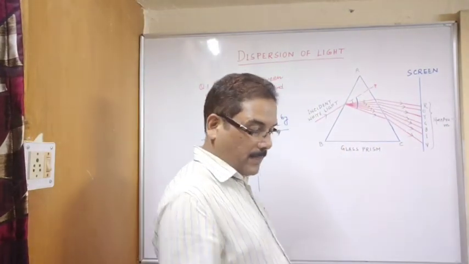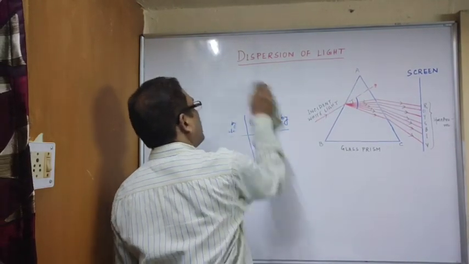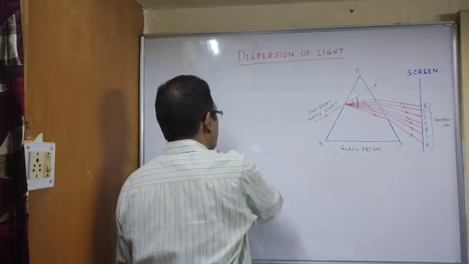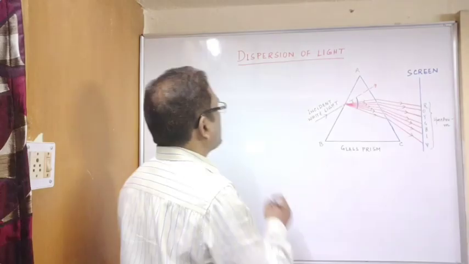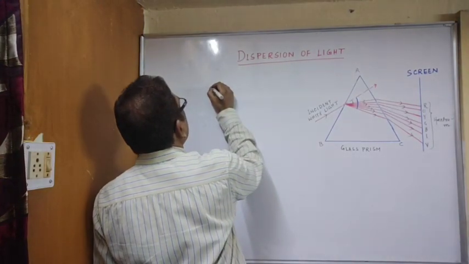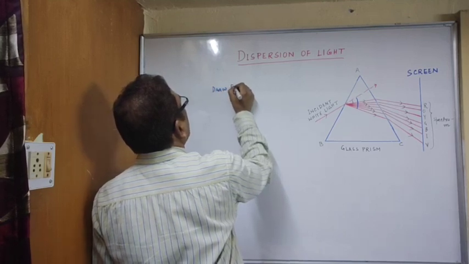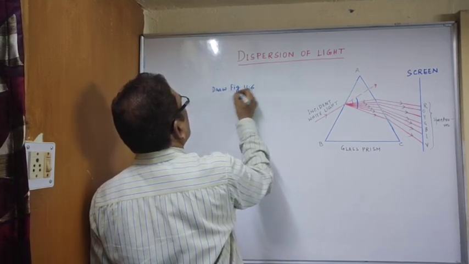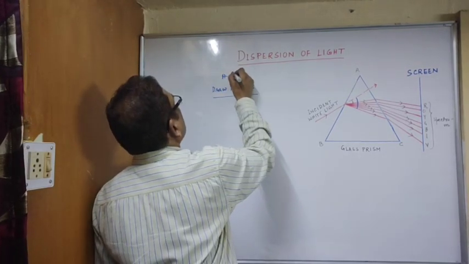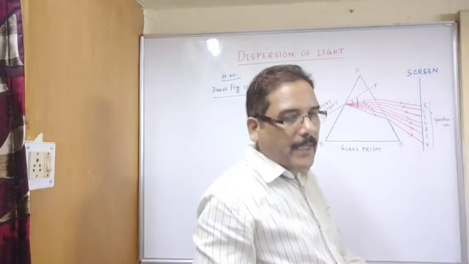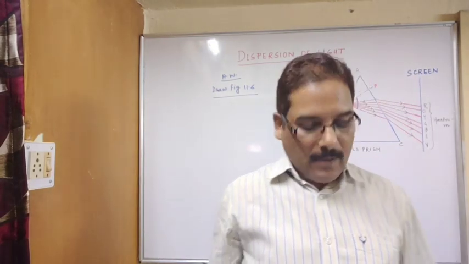So you must practice this figure, figure 11.6. This diagram is homework. Before the next class you must show that you have drawn this diagram with all labelings.